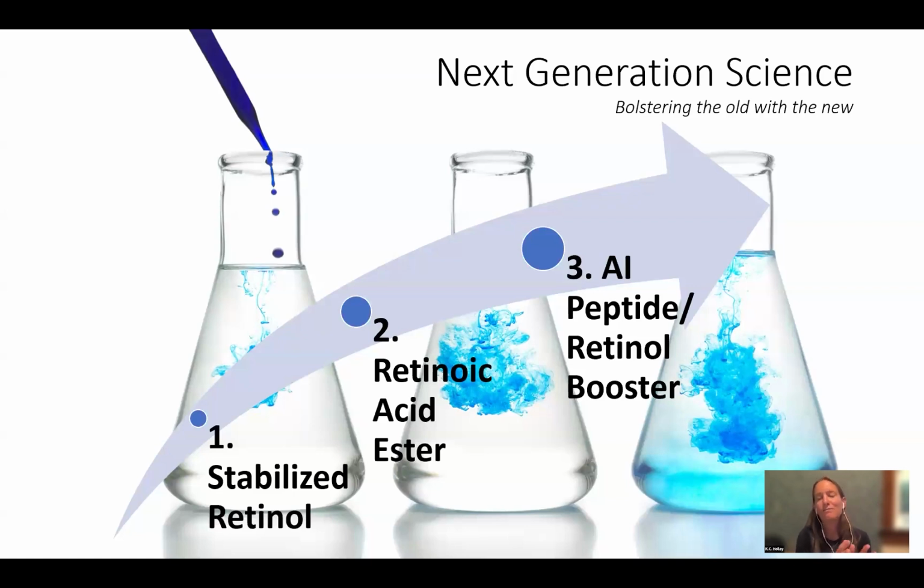Retinols and retinoids have been around forever, but the fact that you've got a retinol that is stabilized, that isn't going to have some of that irritation that we typically find with retinol, actually a retinoic acid ester, something that's so close to being a retinoic acid, but again, without that irritation, and then an AI peptide that has the ability to act as a retinol booster makes this a super exciting time to be in the cosmetic industry. So that was it.